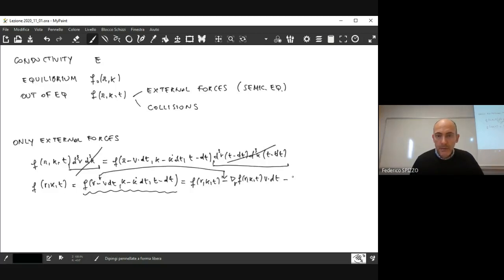Then I have minus the gradient with respect to k of f of r, k, t times k prime dt, and then I have minus the partial derivative of f just with respect to time times dt.